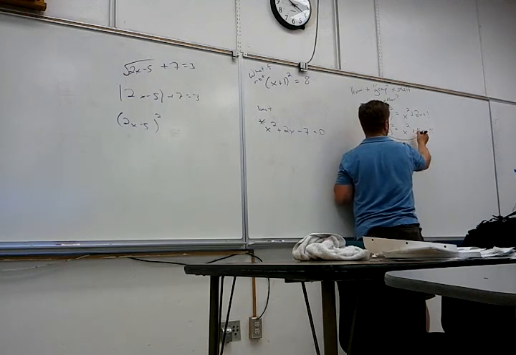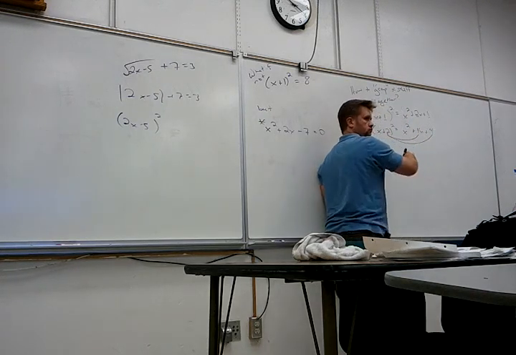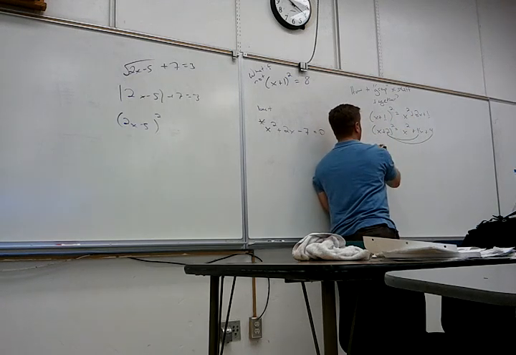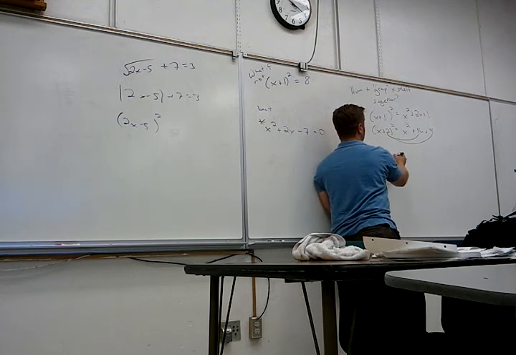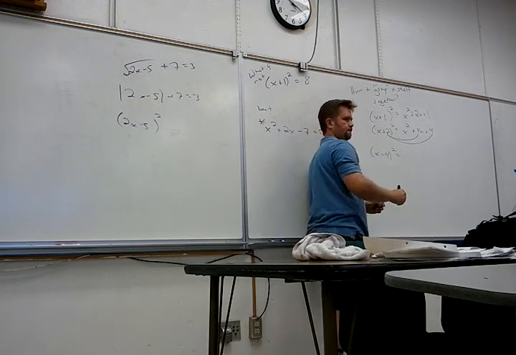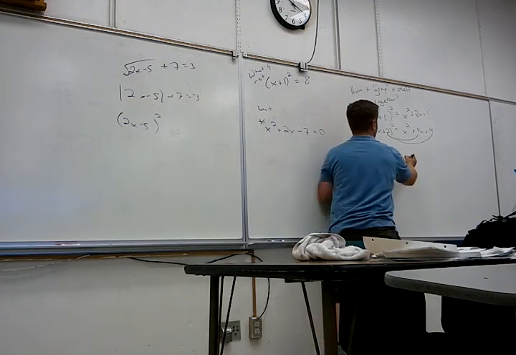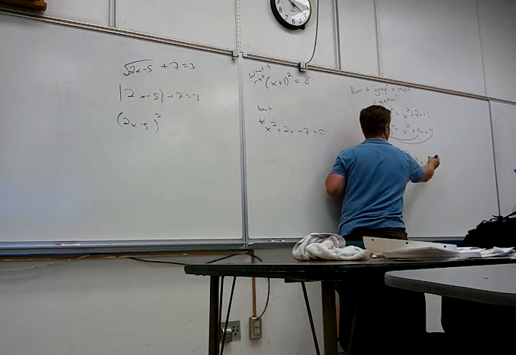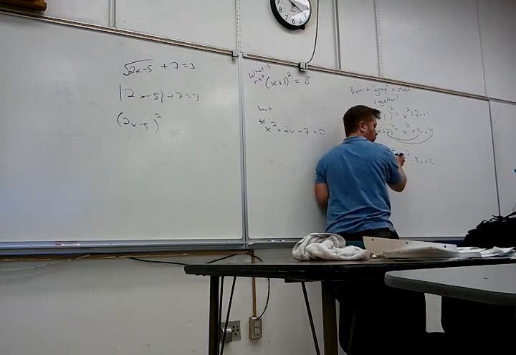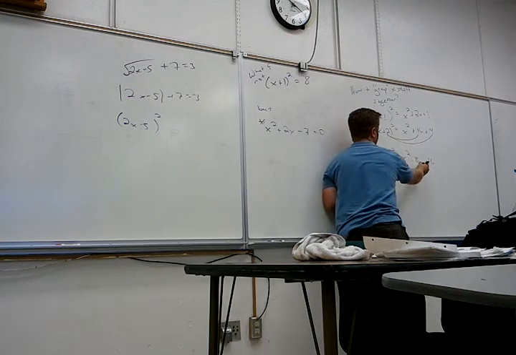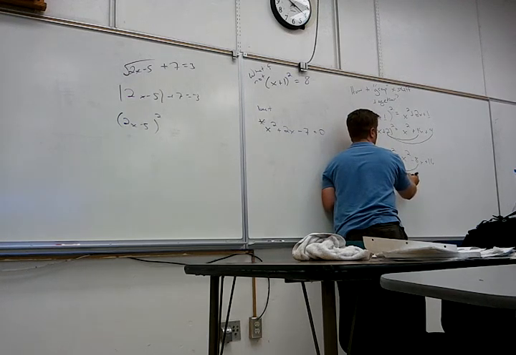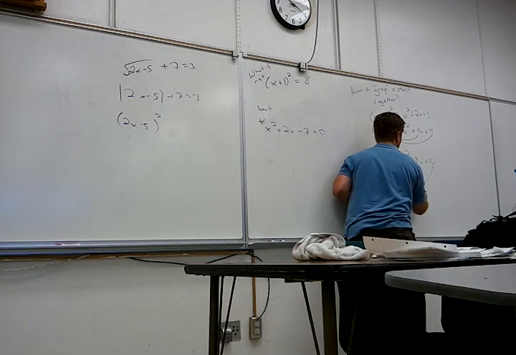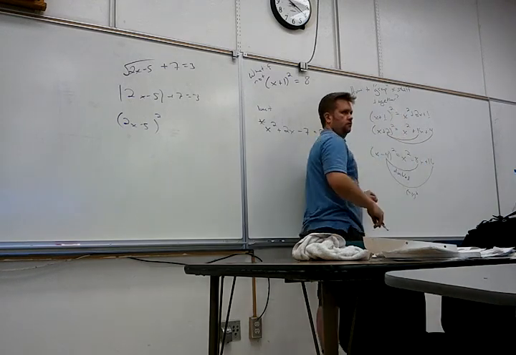Again, 2 doubled is 4, 2 squared is 4. Okay, it's still not really evidence yet because you could say 1 cubed is 1. What about x minus 4 squared? What would that be? Good, x squared minus 8x plus 16. So now we can see it. Negative 4 doubled is negative 8. Negative 4 squared is 16.